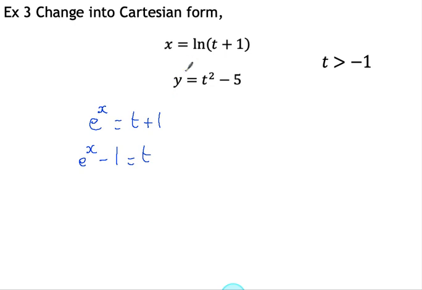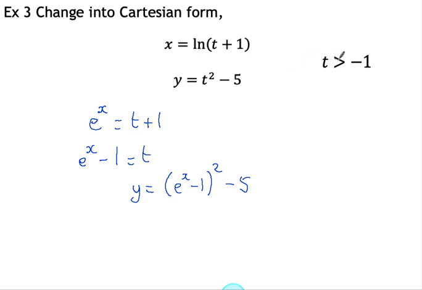So now I in fact have t as the subject, so I can substitute that in. And that's okay to leave it like that. I could expand it, don't need to. But that is now in Cartesian form.